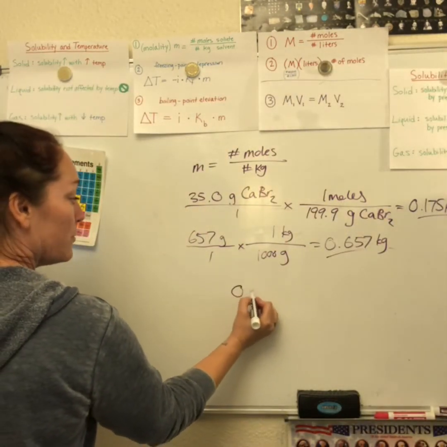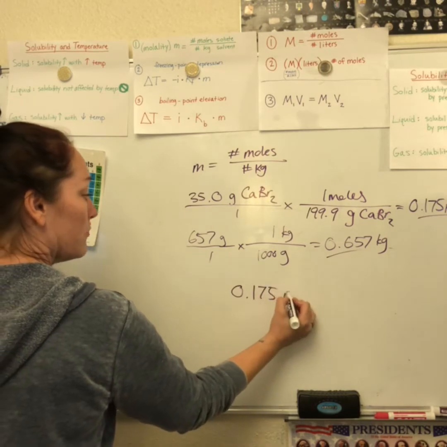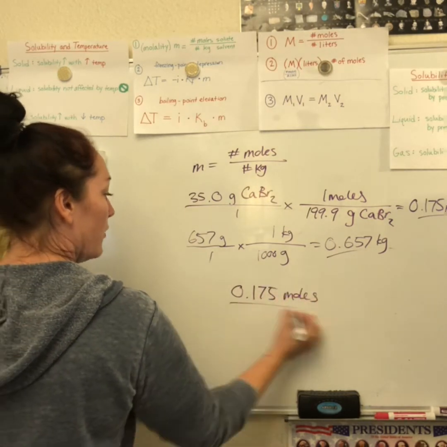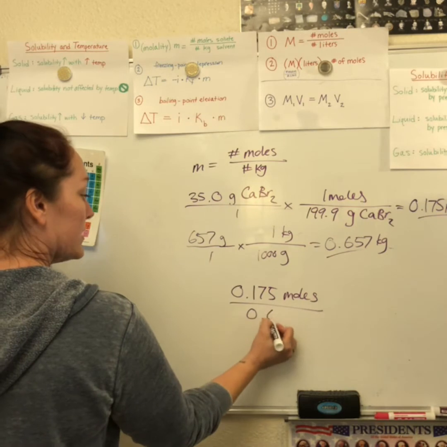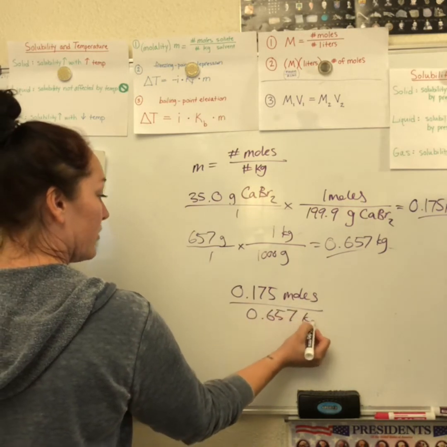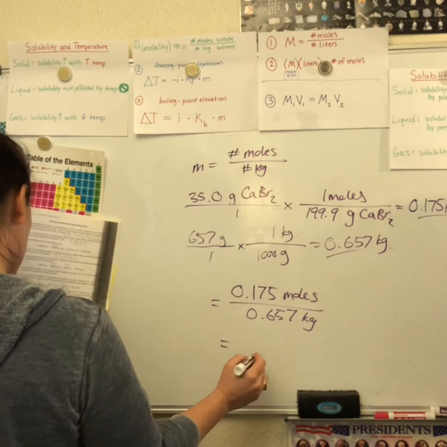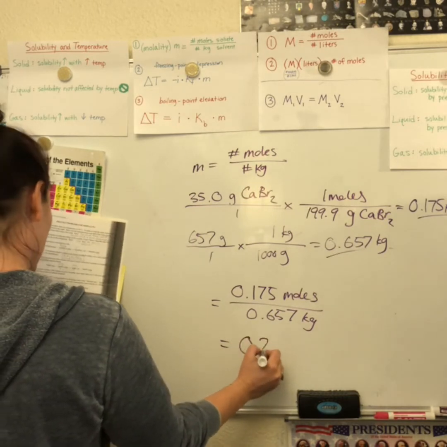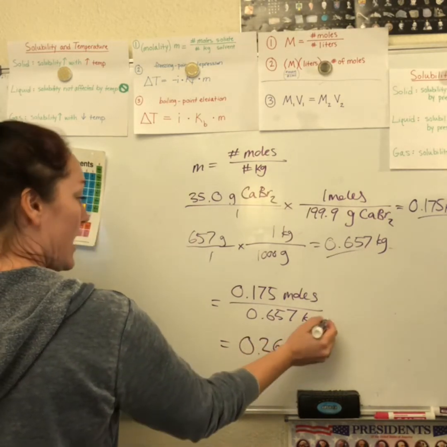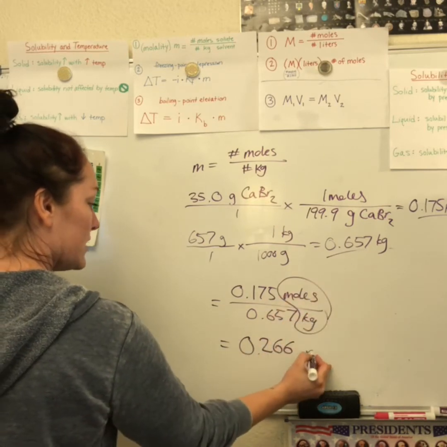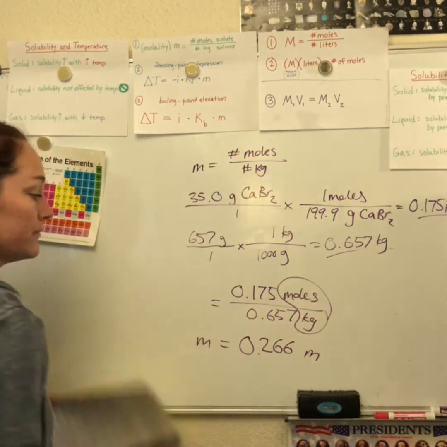So I've got 0.175 moles over 0.657 kilograms, okay? So if I plug that into my calculator and I crunch it out, I'm going to end up with 0.266, and then remember, moles over kilograms is just molality, okay?